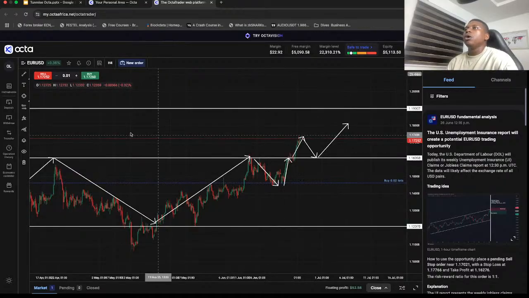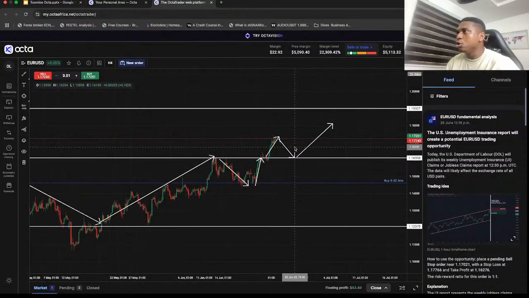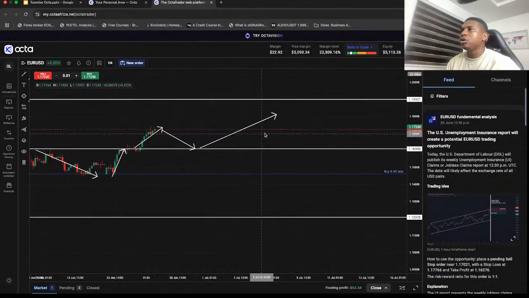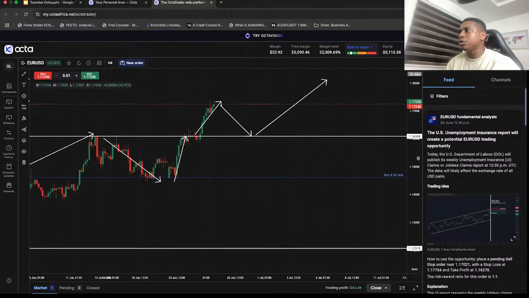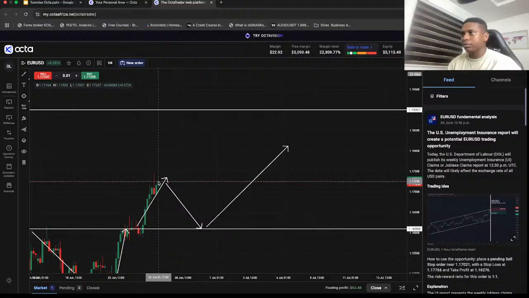So on the Euro USD, if you don't have an open position yet on the Euro USD, you want to think twice before buying at this level. Okay, before you buy at this level, you have to think twice. And why do you have to think twice?